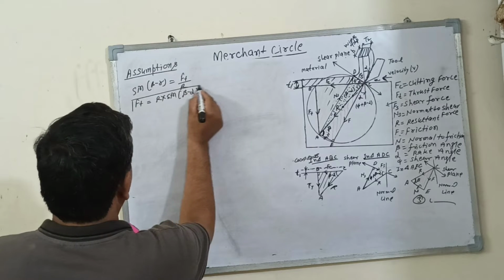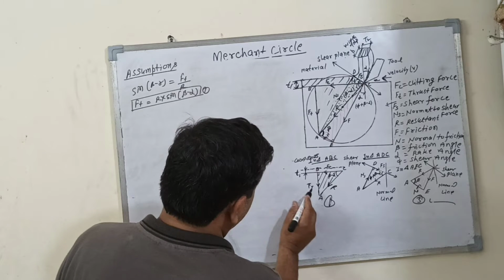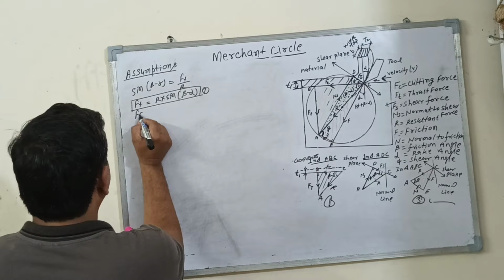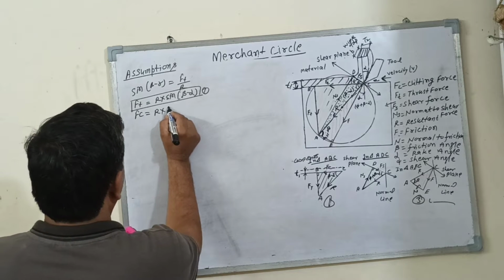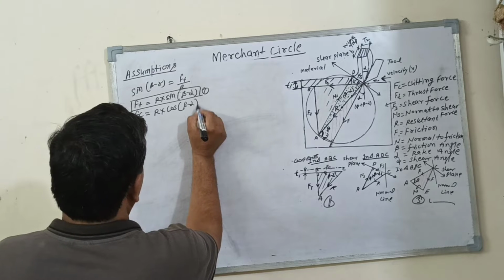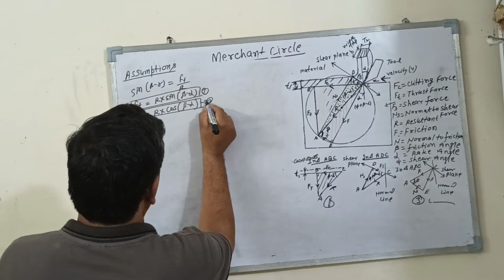This is equation number 1. From this figure you can also calculate Fc. So Fc is equal to R cos(B minus alpha). This is equation number 2.